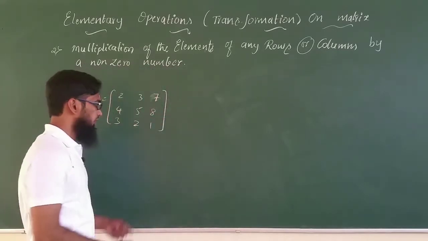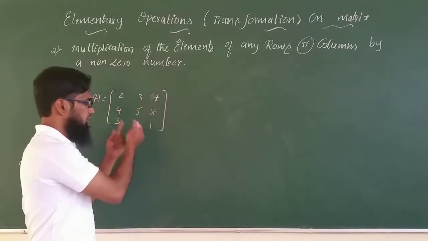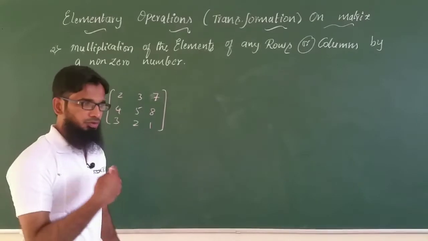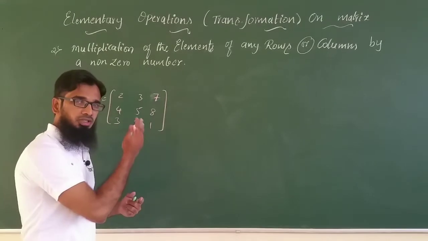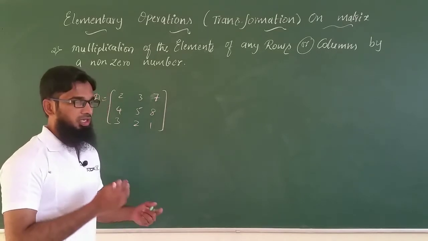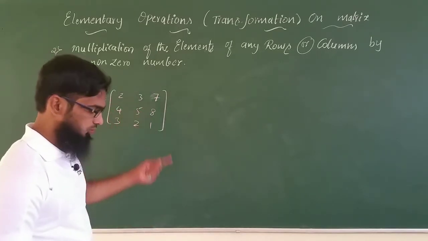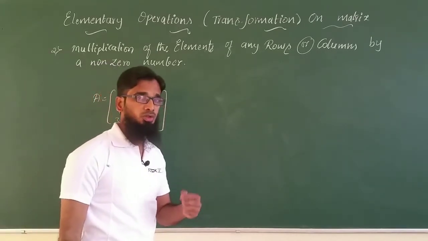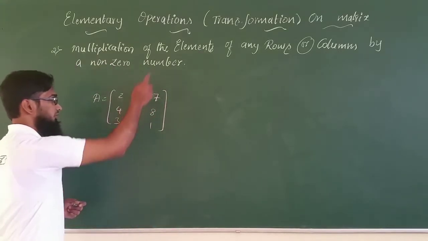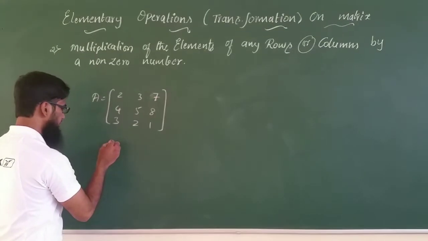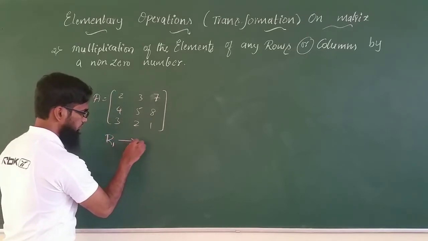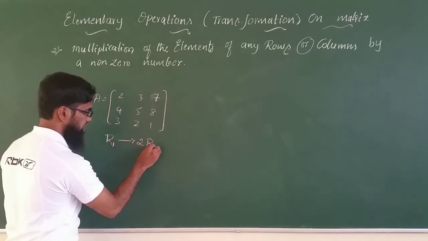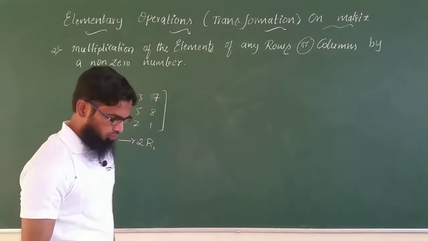If I take this as row 1, row 2, row 3 or C1, C2, C3, you can take any row, either R1, R2, R3, or you can take C1, C2 or C3. So we can multiply any of these rows with a constant, that is a non-zero number. So if I apply this operation here, I can write it as, suppose R1 changes to 2R1. So means what?